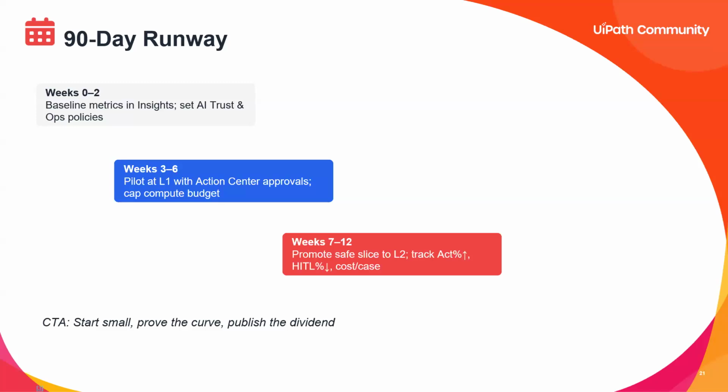So this is where we start to clearly see and measure the dividend. By following this phased approach, we can build confidence, demonstrate value early, and make a strong business case for broader adoption. So with this, I hand over the mic to Saloni.